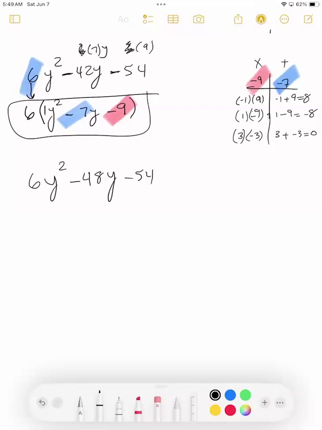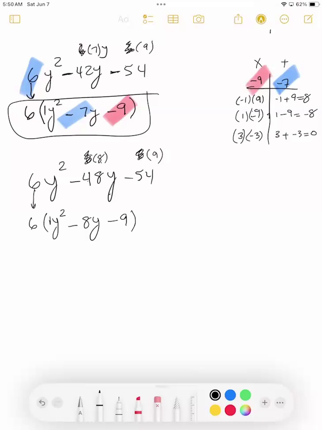Every term here has a factor 6. 48 is 6 times 8, and 54 is 6 times 9. So 6 is the common factor. I keep the 6 out, I get y squared. If I keep that 6 out, I get negative 8y. If I take that 6 out, I get negative 9.